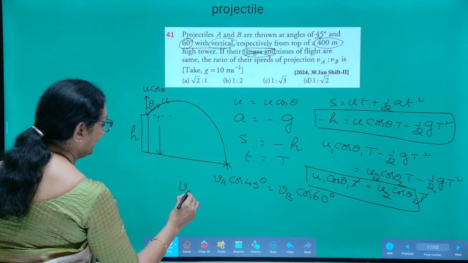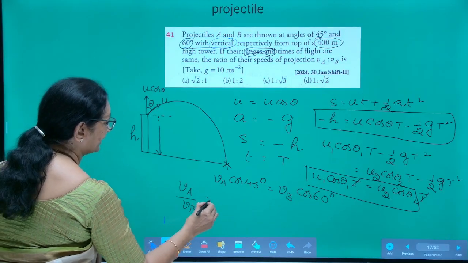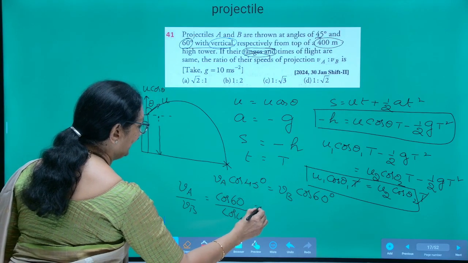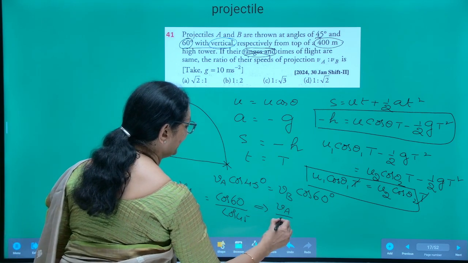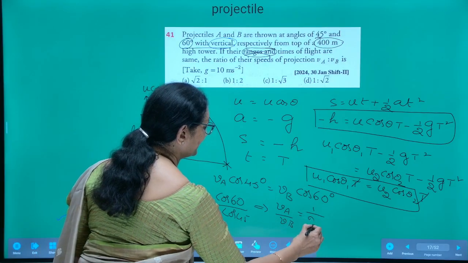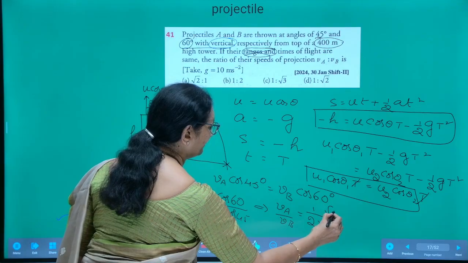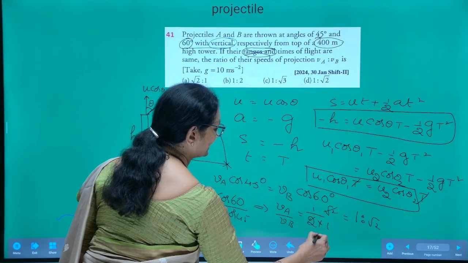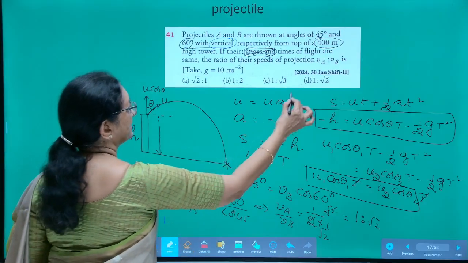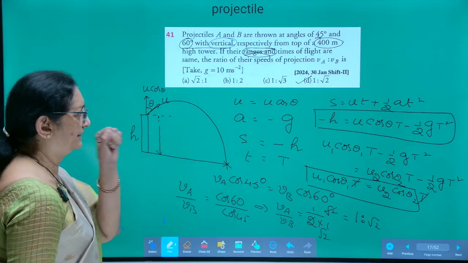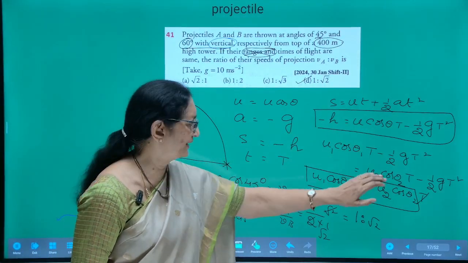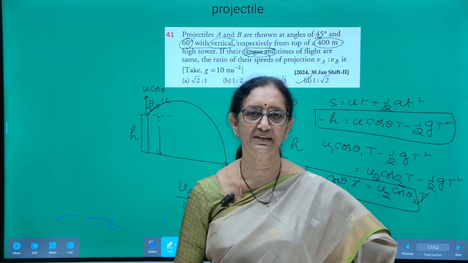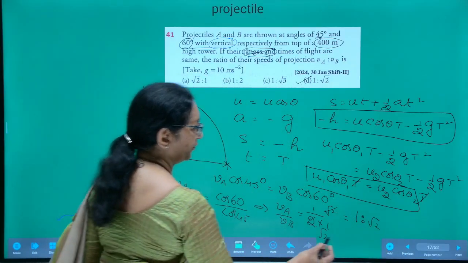So, here VA by VB is equal to cos 60 by cos 45, which implies VA by VB is equal to cos 60 is half, cos 45 is 1 by root 2, this is 1 is to root 2, because this gets cancelled root 2 times. So, this is the problem. This is the main equation: u1 cos theta 1 is equal to u2 cos theta 2. Okay, let us move on to the next problem.